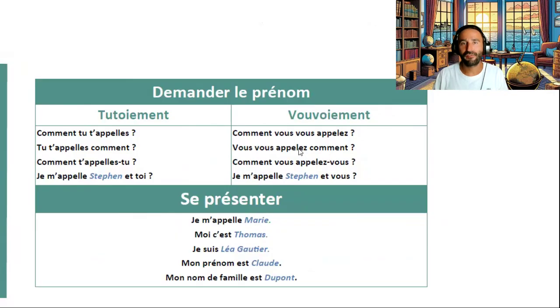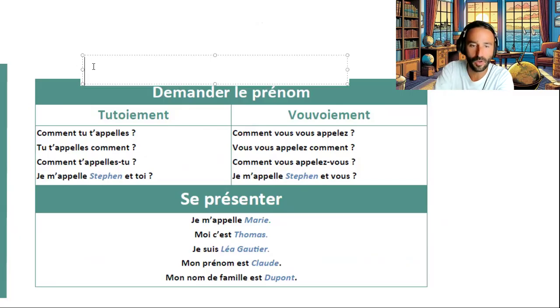Ensuite, after, what do we have? Demander le prénom. Ask the name. Alors, tutoiement, vouvoiement. What is this thing, tutoiement? But you can recognize tu and you can recognize vous. Alors it's the way you're gonna treat the person.